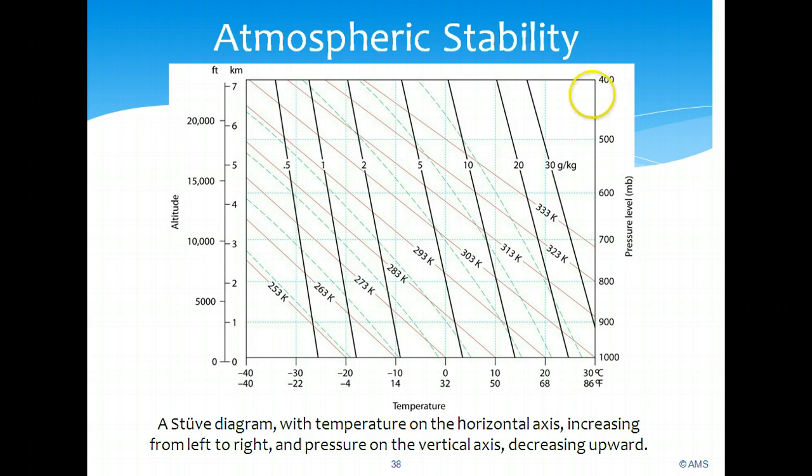Also marked on the diagram are altitude in kilometers and feet, which correspond to pressure levels based on standard atmosphere. The straight red lines slanting from lower right to upper left are the dry adiabatic lapse rates.